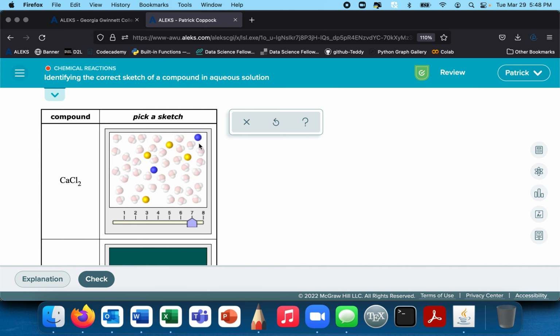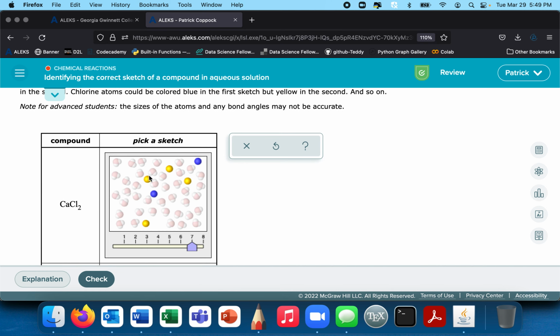All right, maybe this is it. So I've got 1 blue and 2 yellows and 1 blue and 2 yellows. This is definitely it, right? If these are chlorines, and we're not told that they're chlorines, but they can be, and that's a calcium, then there's 2 chlorides for every calcium ion in solution. And there's a bunch of water molecules all around it, right?